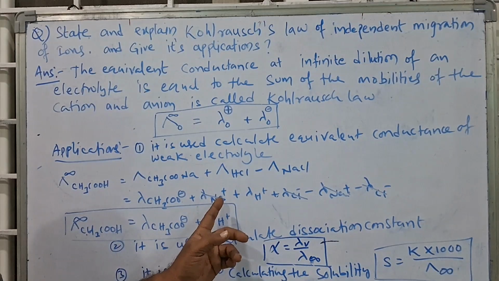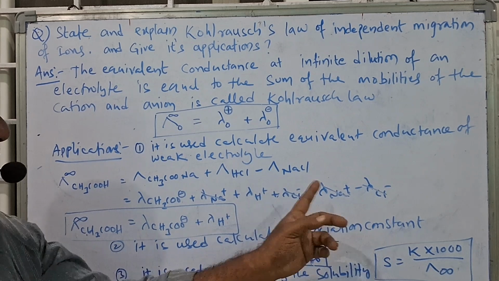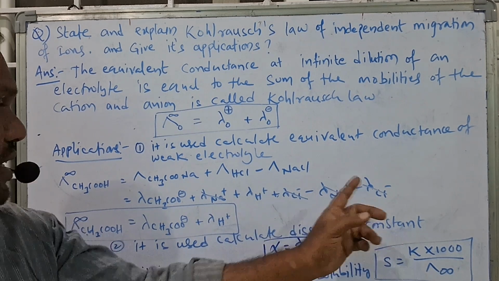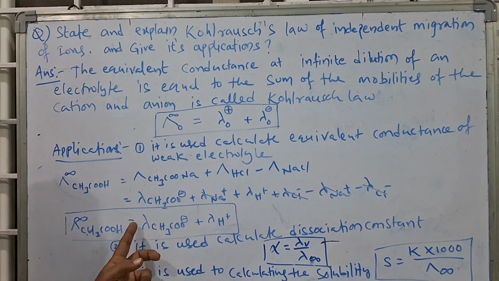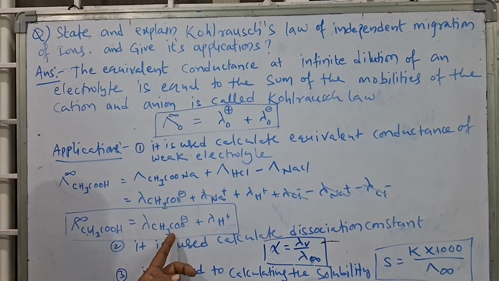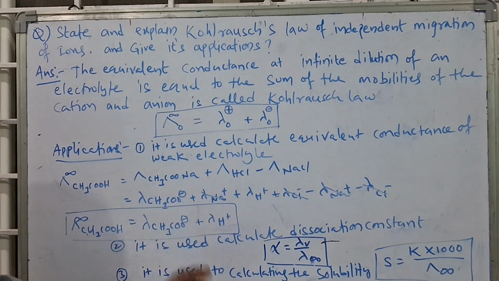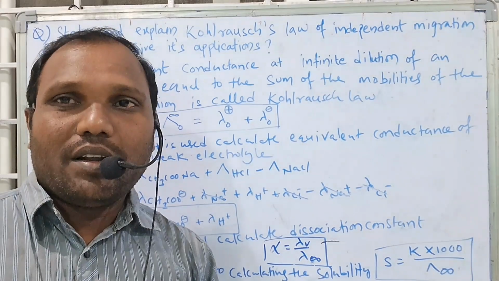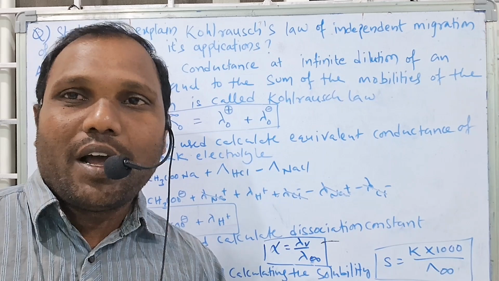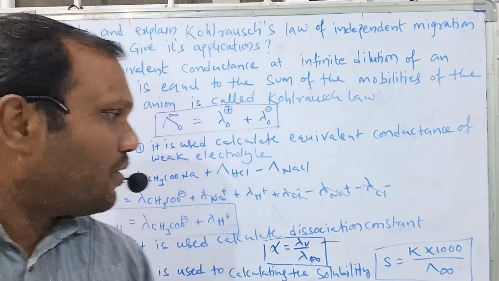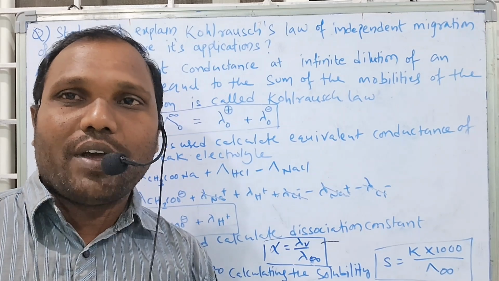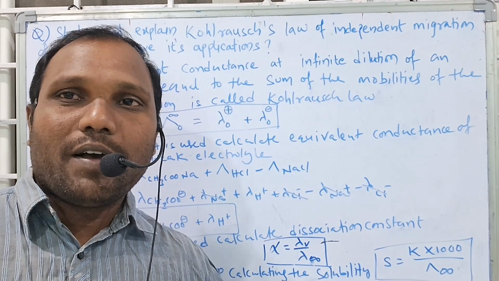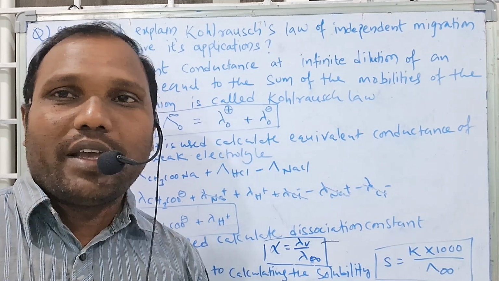Here the same values with plus or minus cancel. That's why we get Λ∞ of acetic acid equals λ of acetate ion plus λ of H+ ion. This is one application of Kohlrausch law. Here we are solving the equivalent conductance of acetic acid by using the other reactants of the reaction.